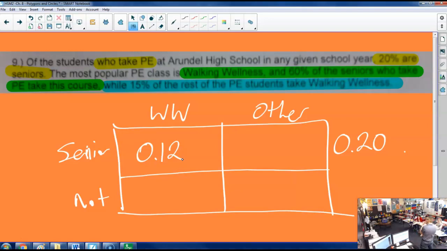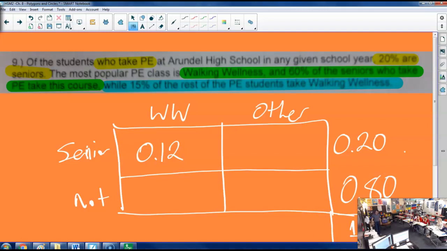Outside the table. Because it says while 15% of the rest of the PE students take Walking Wellness. So the rest of the students is the not seniors, right? This is 80% of the student population, because this is going to have to be 1.